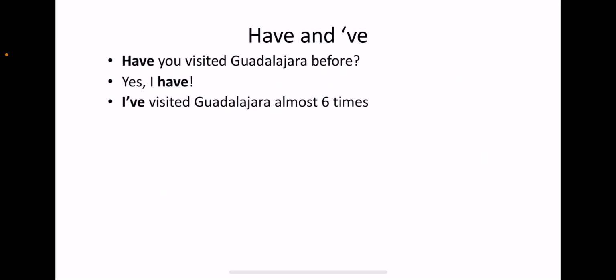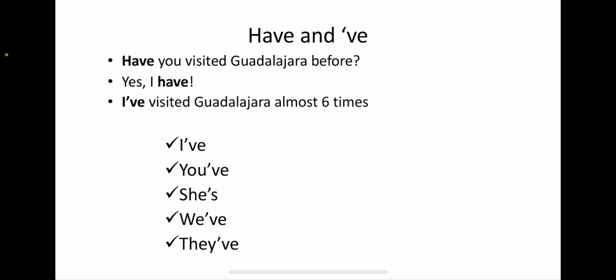Check that we can use contractions. Contractions are very common in spoken English. And check the pronunciation of the contraction. For I have, we say I've, right? I've. And we can also use the other contractions with the other subjects. So you can say you've, she's, we've, they've.